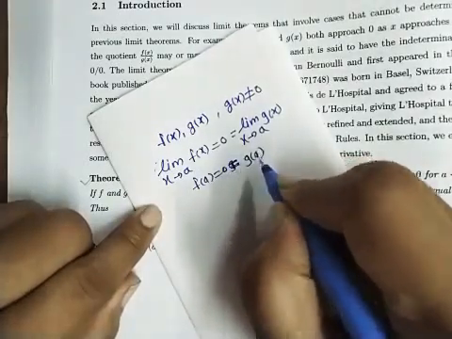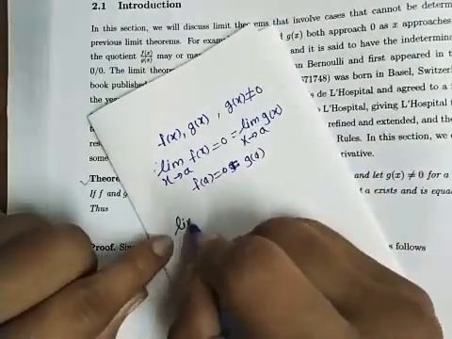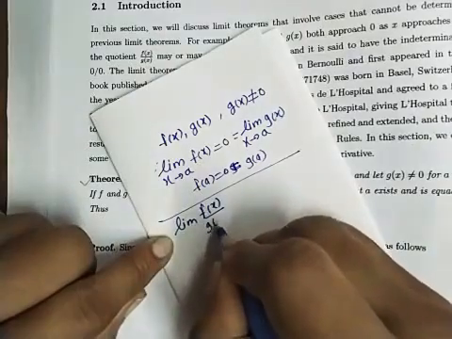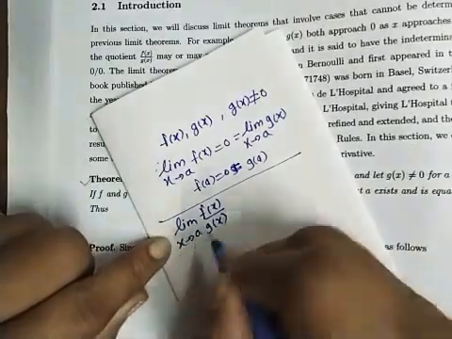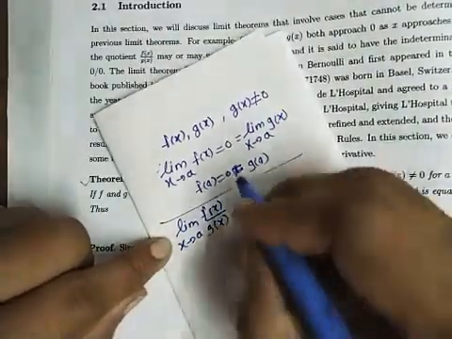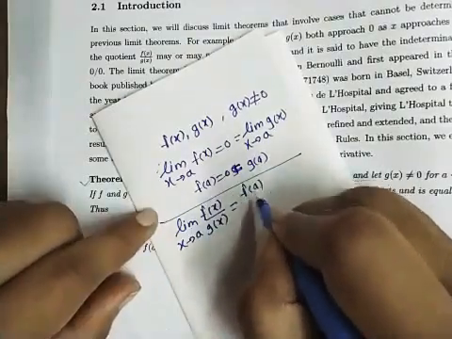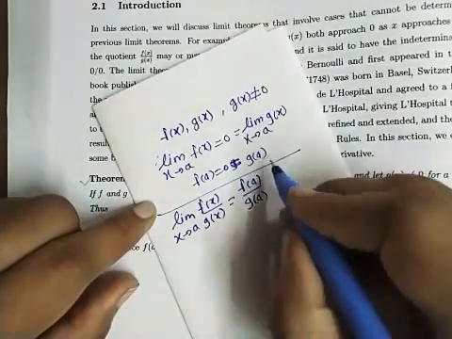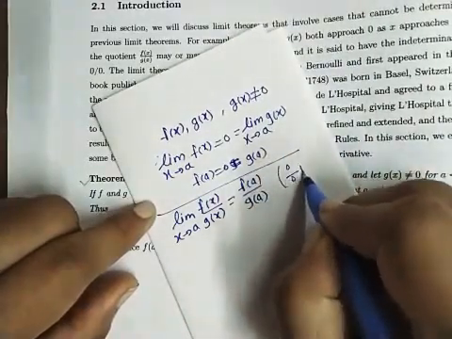Then if we want to find the limit of f(x) upon g(x) as x tends to a and we apply the limit, we get f(a) upon g(a), but we know f and g are 0, which means it is 0 upon 0 form.